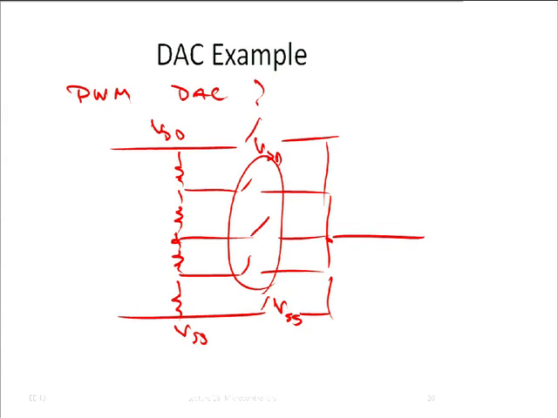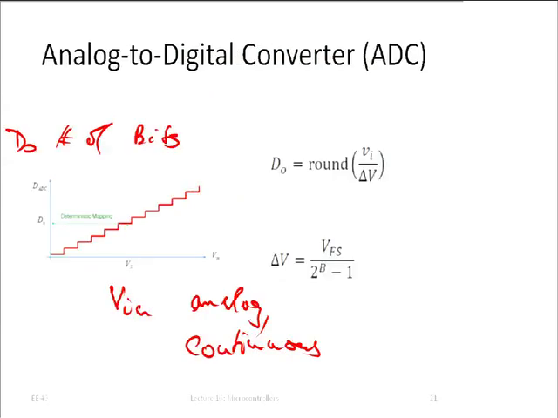Okay, so again, the analog to digital converter now, going to A to D, the opposite. That one starts out with a continuous signal, a continuous analog waveform, and it somehow needs to go to a digital number, so it has to go from an infinite number of possibilities to just a finite one, and there has to be some rounding, right? So if, for example, the input was here, well then we get this particular code here, but if the input was a little bit lower or a little bit higher, we would still get the same code.